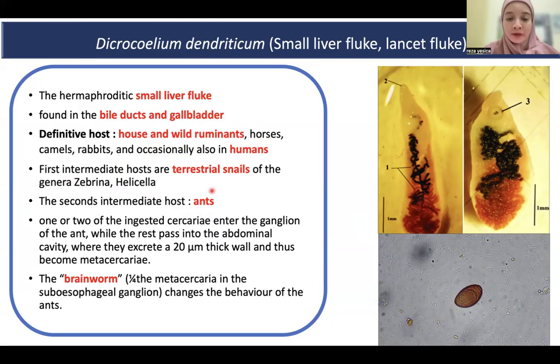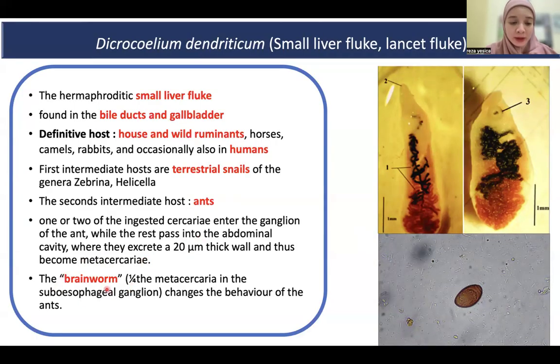And they also have a second intermediate host, which is ants. One or two ingested cercaria enter the ganglion of the ant, while the rest pass into the abdominal cavity. They will excrete about 20 micrometer thick walls and thus become metacercaria inside the ant's body.